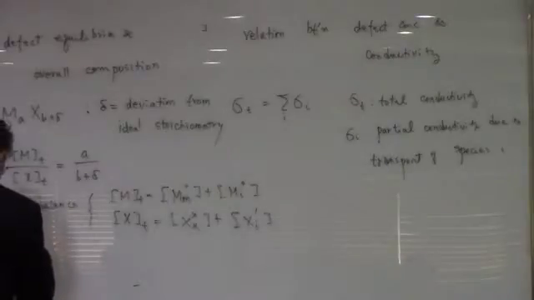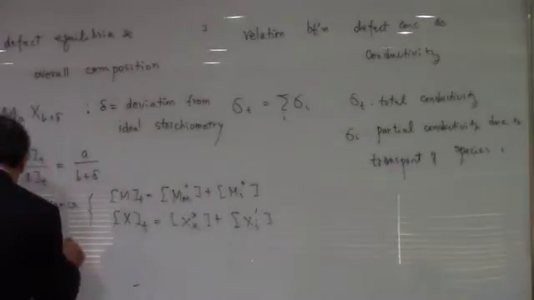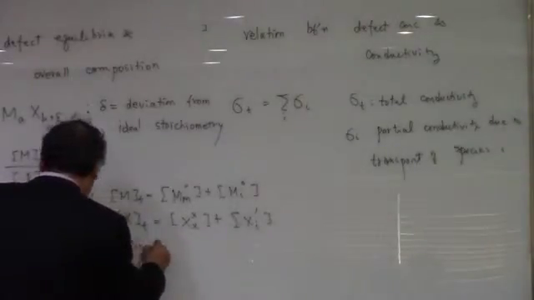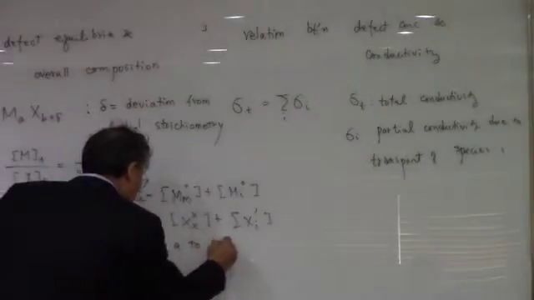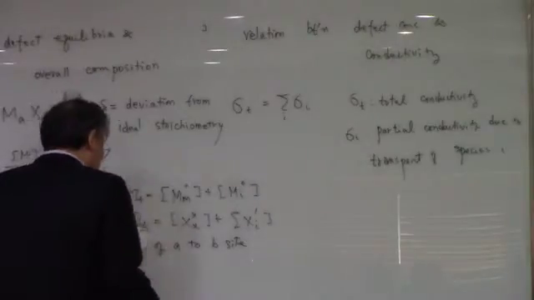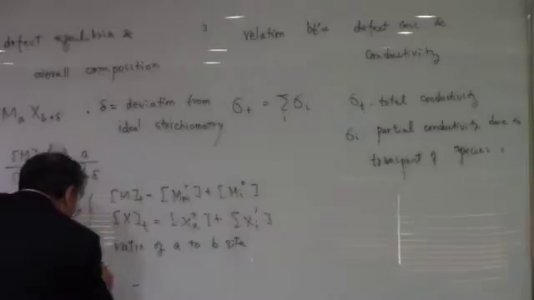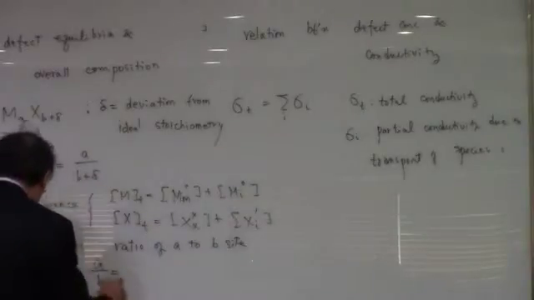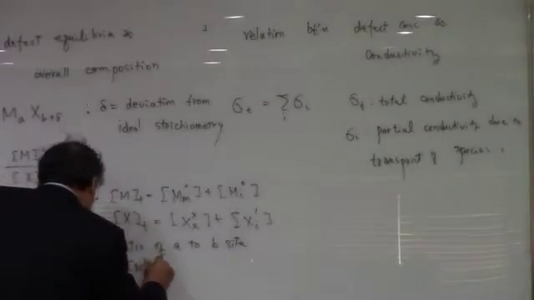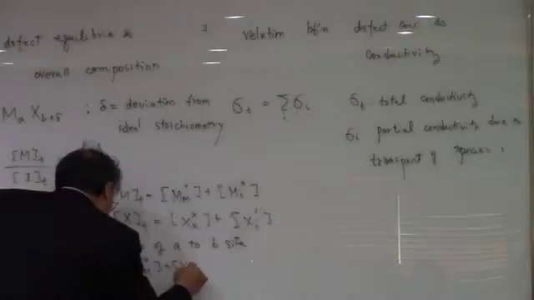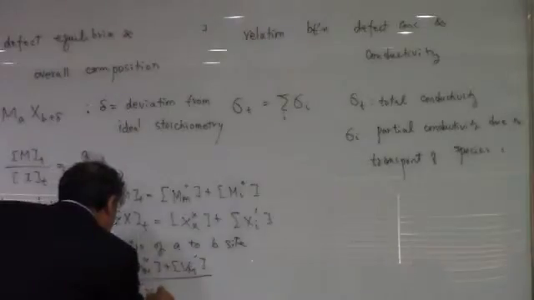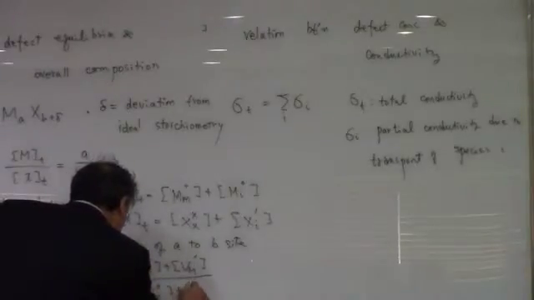And the site balance, and the ratio of A to B site, it should be some finite values, where M, V_M, X_X.